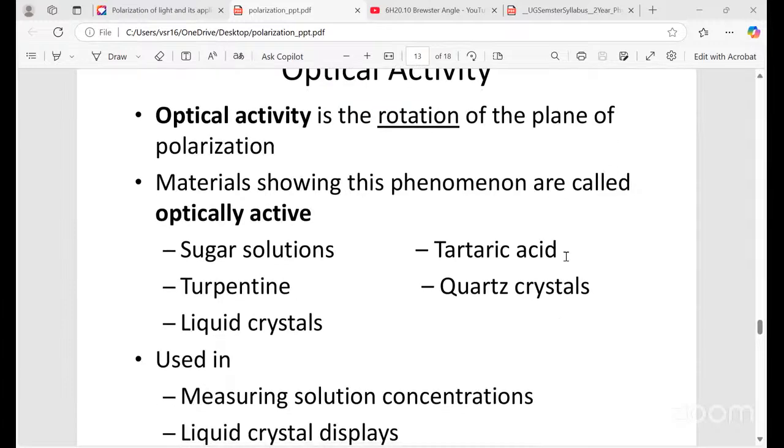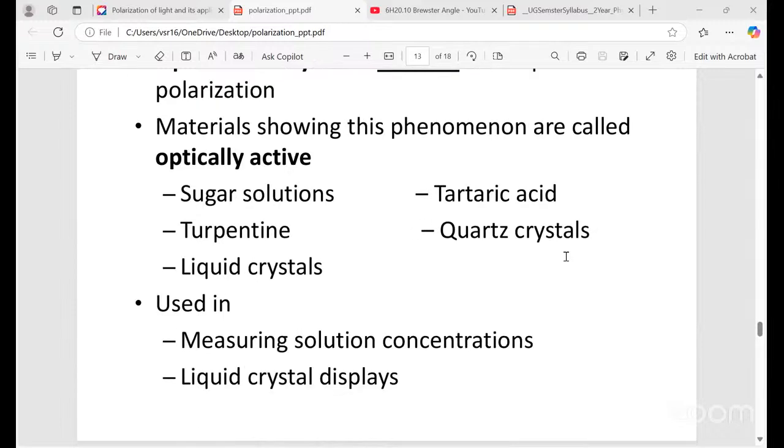An experiment on this is also there in our physics lab. You have to find the specific rotation by using the Laurent half-shade polarimeter.